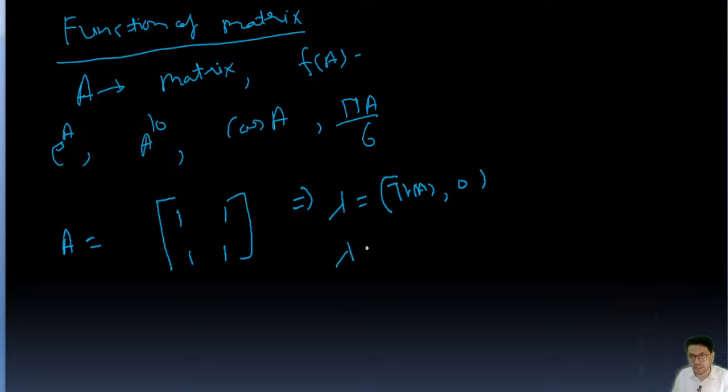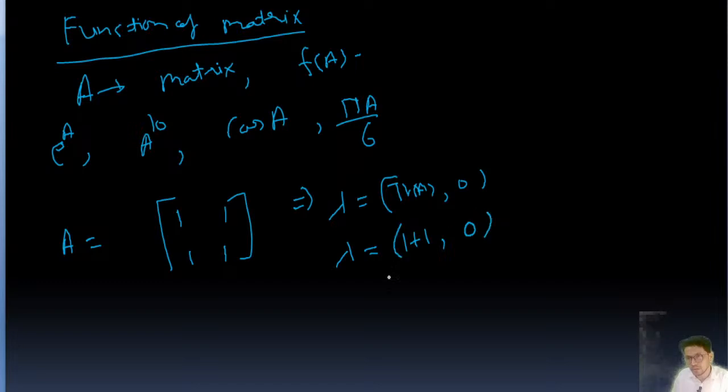I have already explained that property. So lambda equals trace A, meaning the sum of diagonal elements, so 1 plus 1, comma 0.